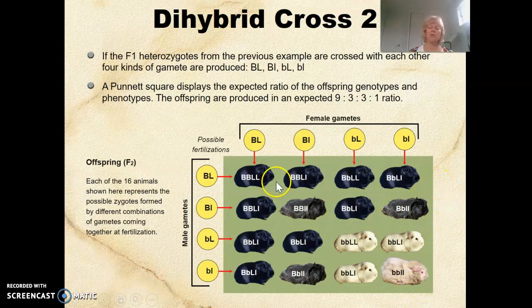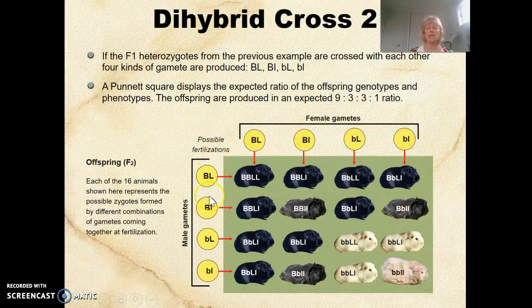Now when you combine these two, you find that 1, 2, 3, 4, 5, 6, 7, 8, 9 have both black hair and long hair. 1, 2, 3 are black with short hair. 1, 2, 3 are white with long hair, and 1 is white with short hair.